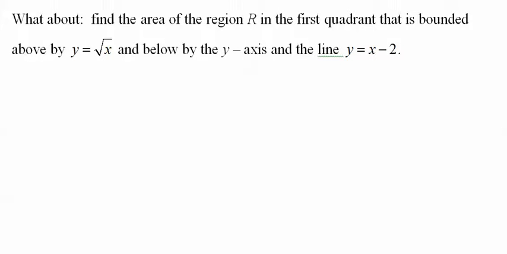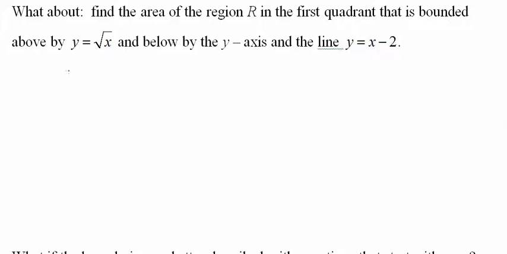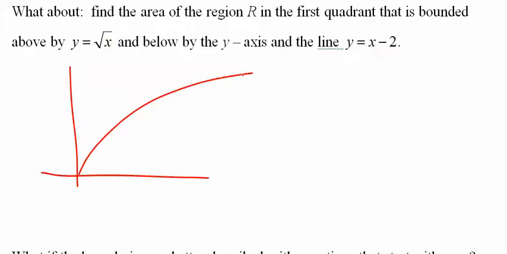Now, I'm not going to do this one, but let's talk about what would happen and how we would do it. Square root of x and x minus 2, which will hit at 2 and come up and slice it somewhere. So how would we do this? Well, we've got to divide it into 2.